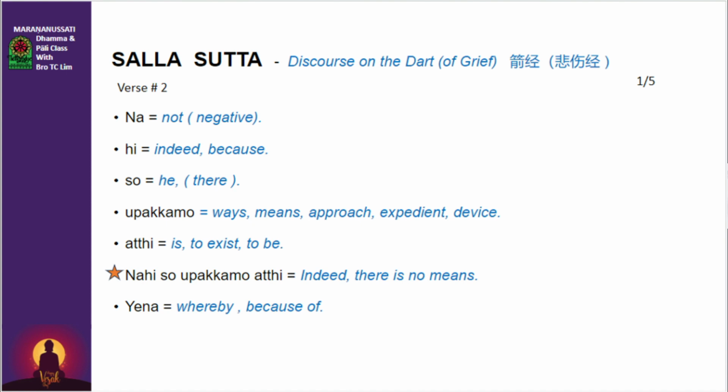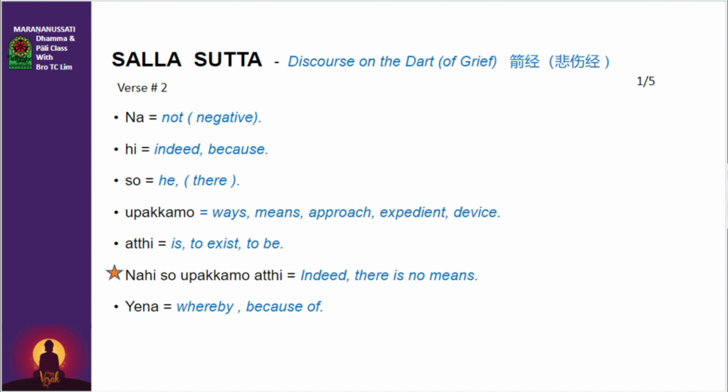So is he or there. Upakamo means ways or means or approach or expedient or device. Ati means is, to exist or to be. So the words nahi so upakamo ati mean indeed there is no means. Okay, indeed there is no means.